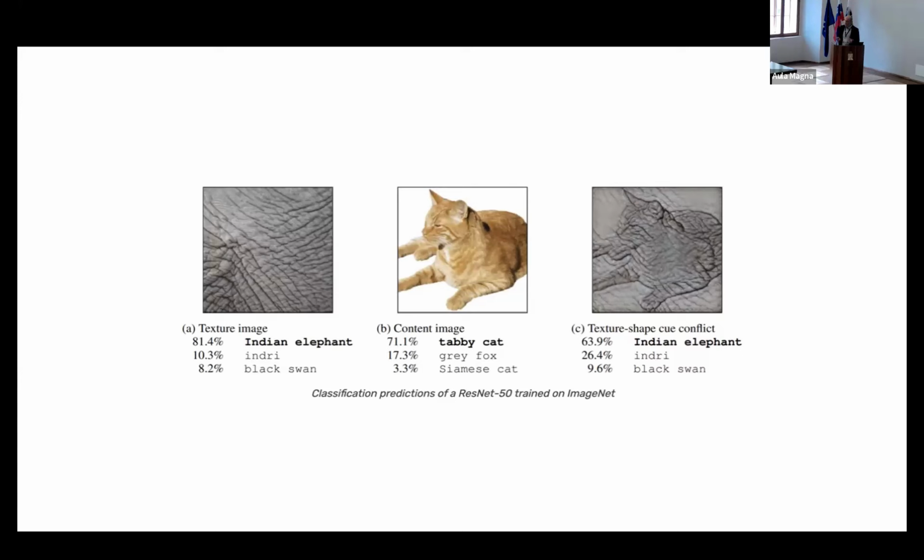And if you do a very simple trick, as has been done here on the slide, you teach a system to recognize something like an Indian elephant and a tabby cat, and do a mixture of those textures.